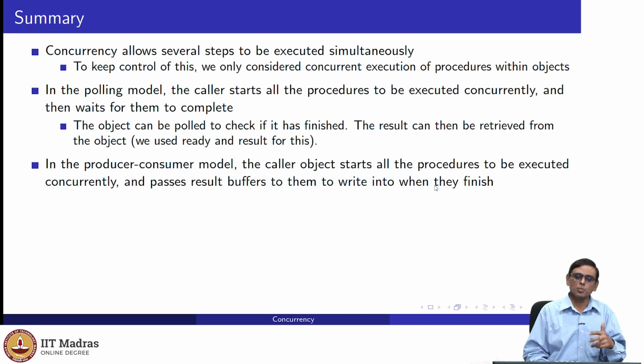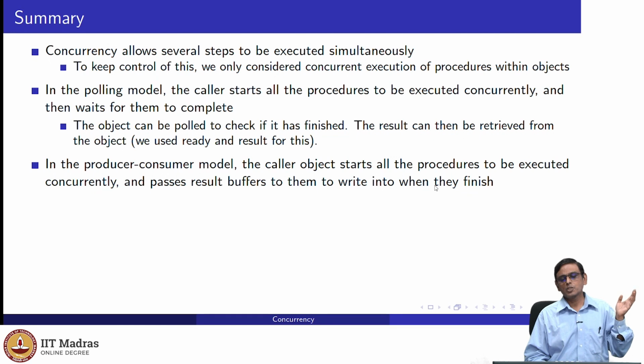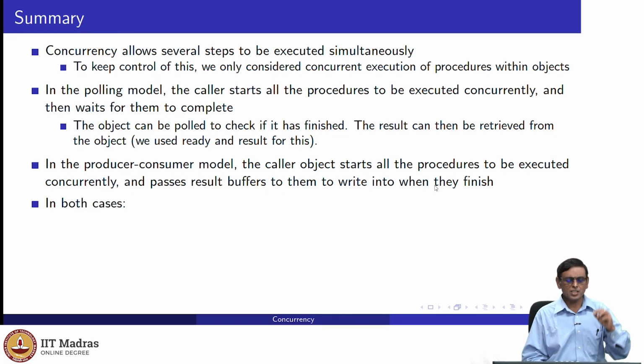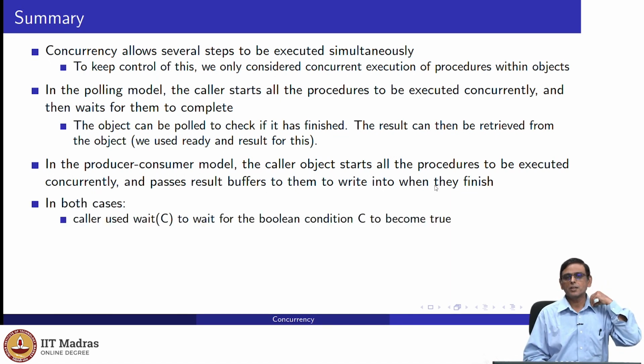In the producer consumer mode, on the other hand, the consumer will create a buffer in the consumer object and pass this buffer to the producer. The producer, when it finishes, writes the value into this buffer. The consumer can check whether the buffer is available, and if the buffer is available, then it can proceed. So in both cases, we are waiting for a condition to check, to wait for something at some point in time, right?